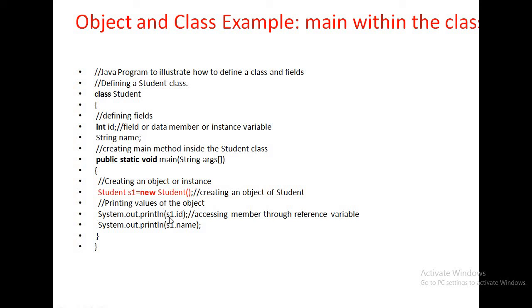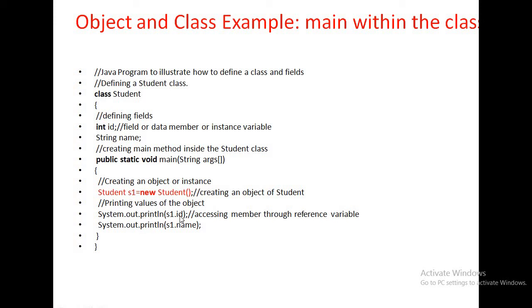Inside the brackets s1.id. The second thing is System.out.println(s1.name). Here String is also a class name, so S must be capital. This is the end of your main method. This is the end of your class. So in this way you can write the class and create the object in Java.